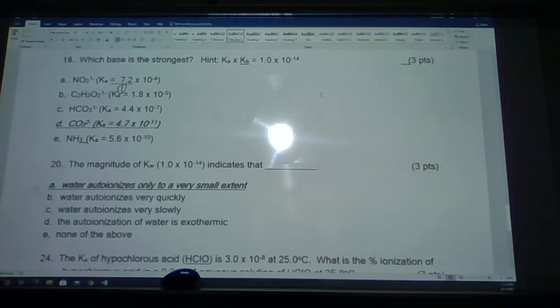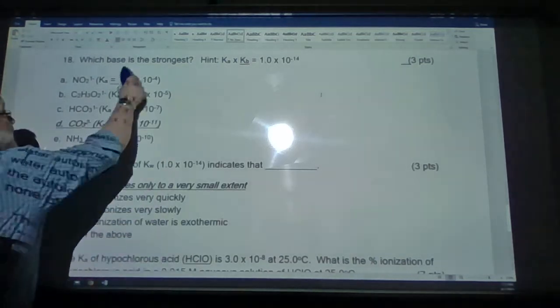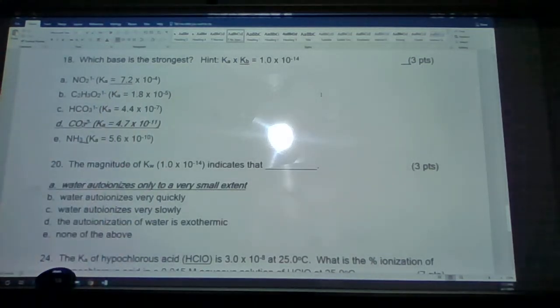You see number 18. Of these bases, which is the strongest? Hint, Ka times Kb is 1.0 times 10 to the minus 14th. Ka is the acid strength.